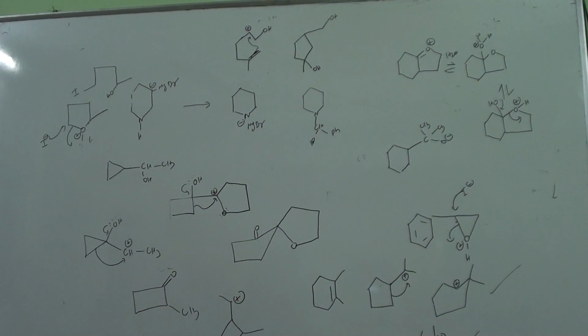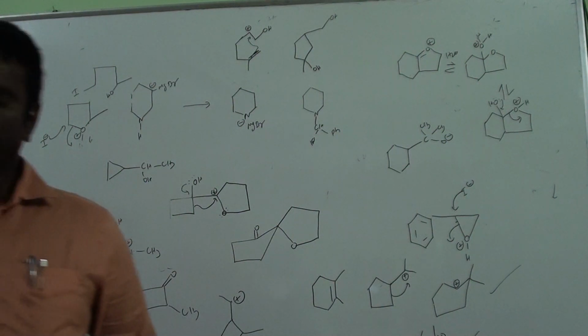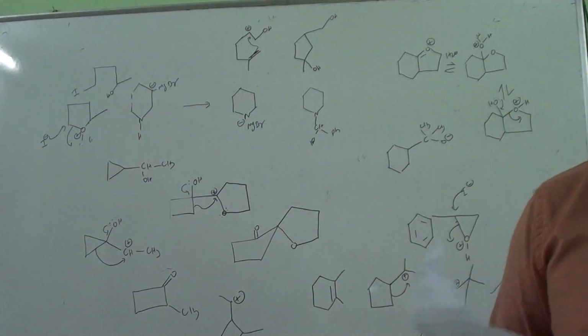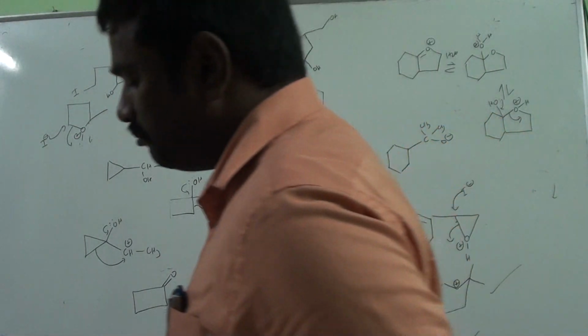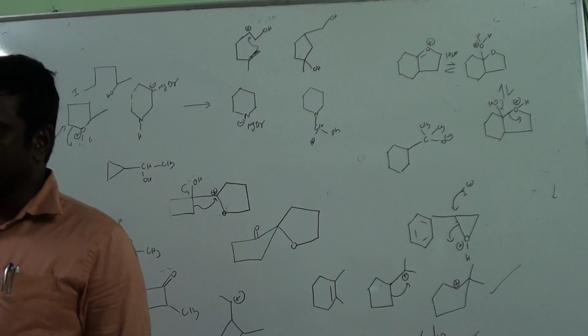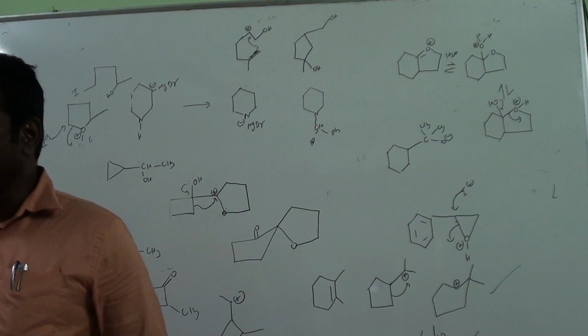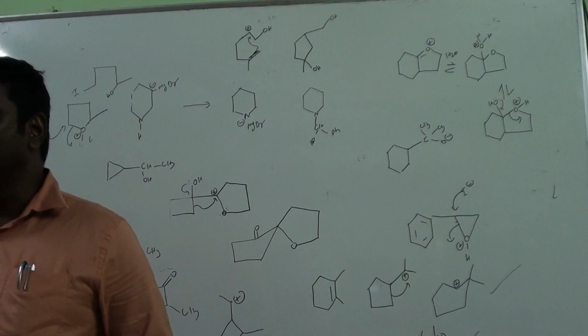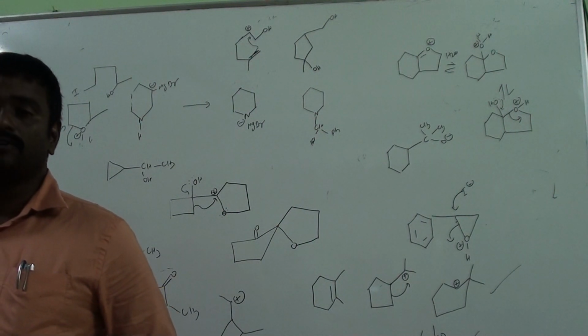15. How many of the following compounds give brisk effervescence with NaHCO3? A will give, B won't, C will give because of the COOH group, D will give because of the COOH group. E is OH CH3, no, weak acid. F definitely will not give, CH2OH, there is no resonance on that.